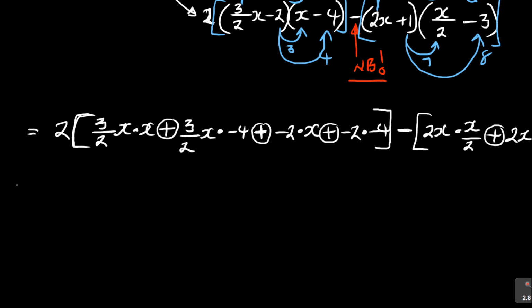Equal to, so maintain your 2 for now. Then you're saying 3 over 2x times x is 3 over 2x squared. See, that one will remain as is. And then from there, we are now here. See, that's what we're focusing on now. We're focusing on this part here. We are saying 3 over 2x times negative 4.